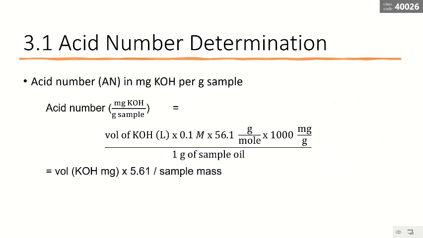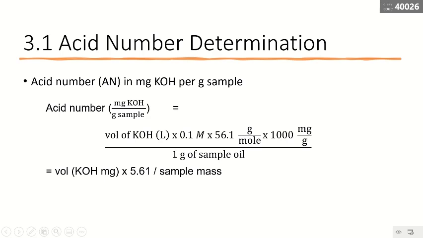So here, if we know the volume of the potassium hydroxide we use, we can just use the standard unit, liter first. Then the concentration is 0.1 mole per liter. So this is how many moles of this KOH were used. The mass of this KOH is how much?